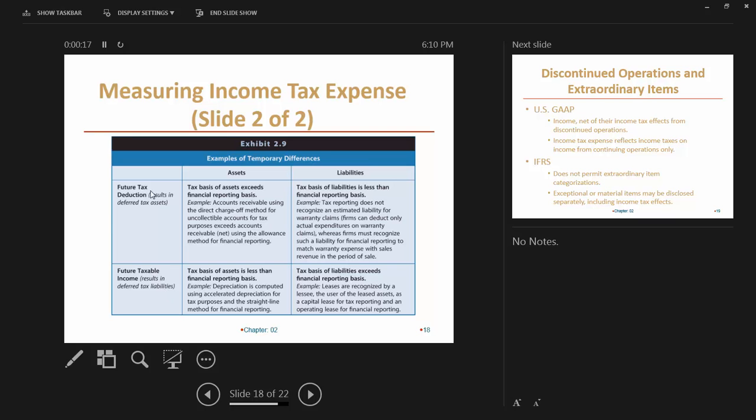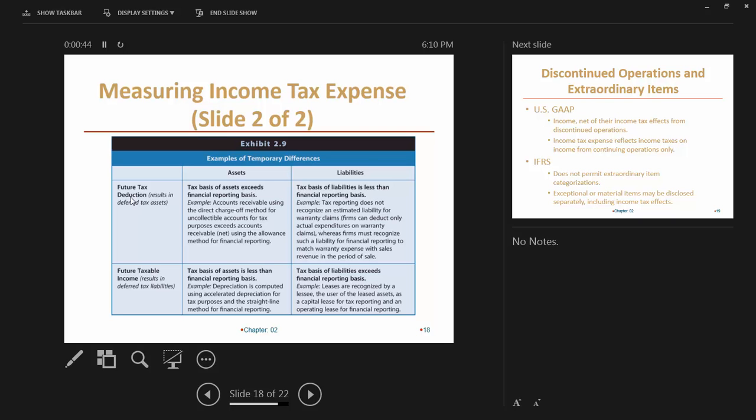It is hard in the beginning because there are so many terms, and it's very confusing to remember or understand them. But you need to repeat again and again. Finally, you will find it is not that hard. Like this one, the future tax deductible, which is good for the firm, right?